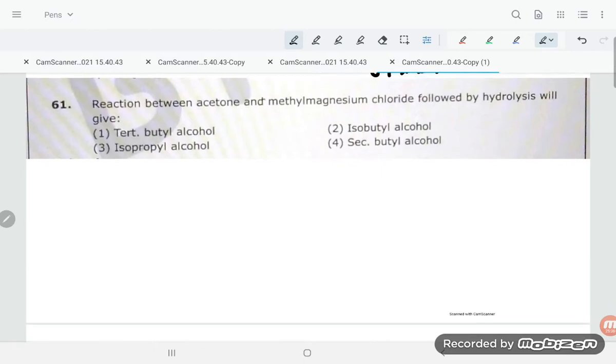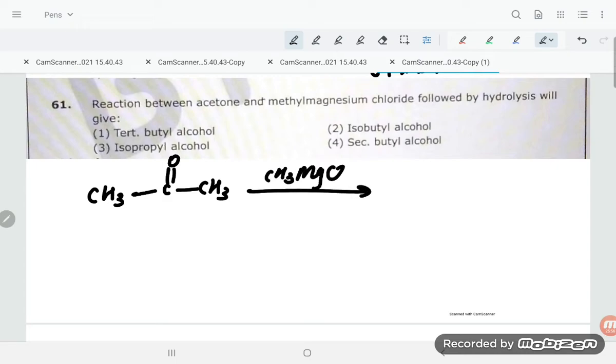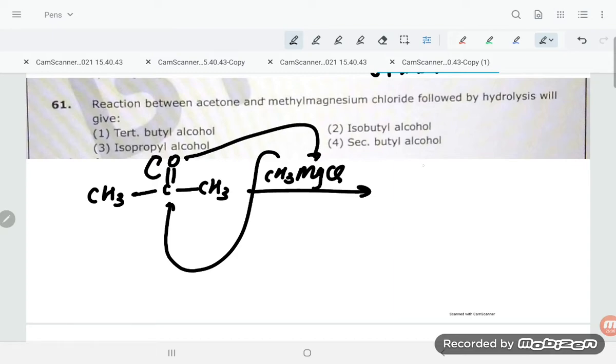Now let us move on, student, question number 61. Reaction between acetone and methyl magnesium chloride followed by hydrolysis. This is the simple reaction, student, of a carbonyl compound with a Grignard reagent. This is acetone, CH3, C double bond O and CH3, and you are treating with CH3MgCl. The negative charge will attack here, this will go here, and this will be attracted by this.